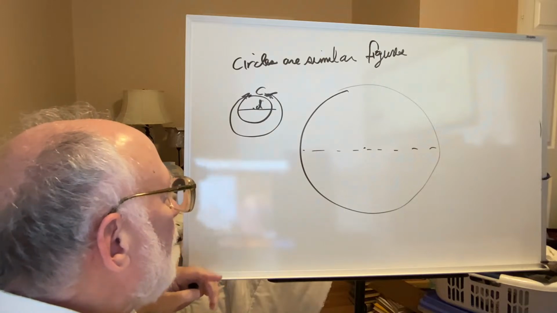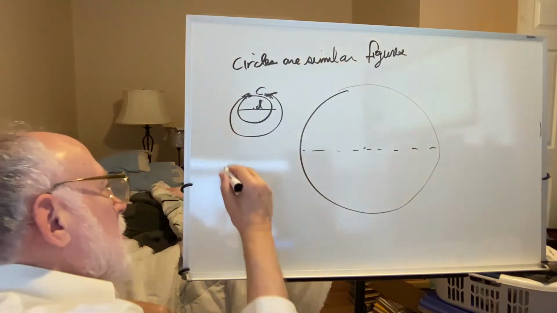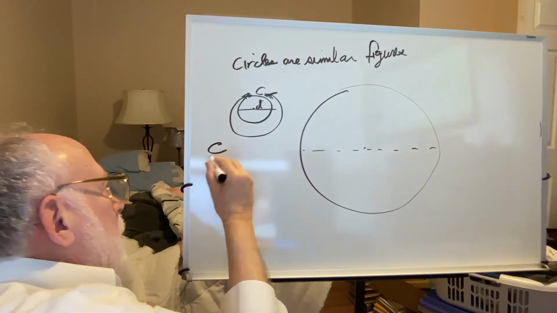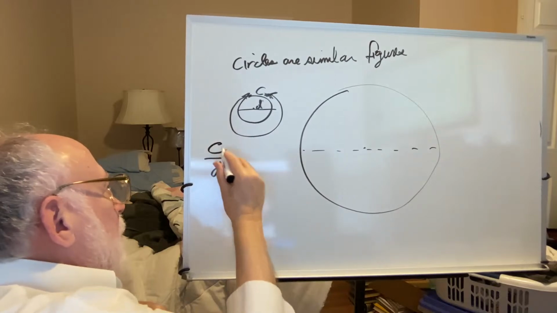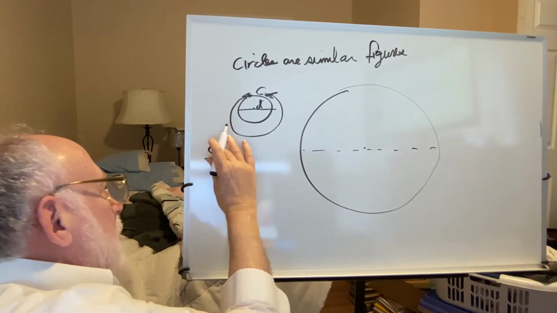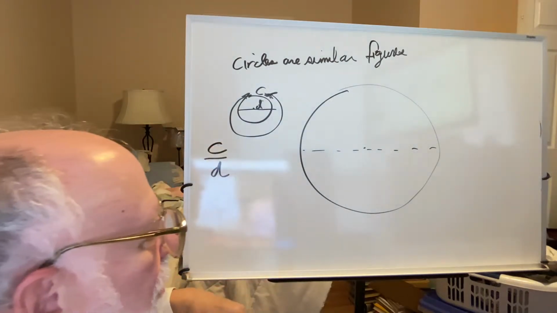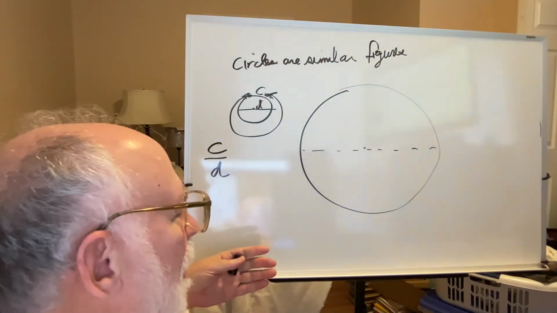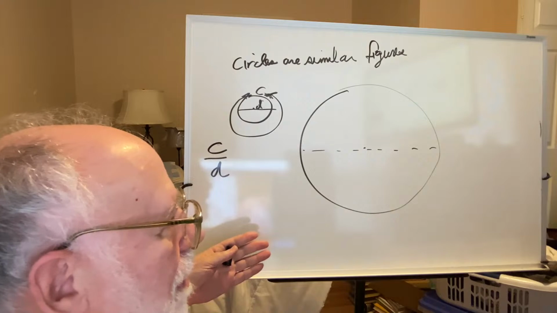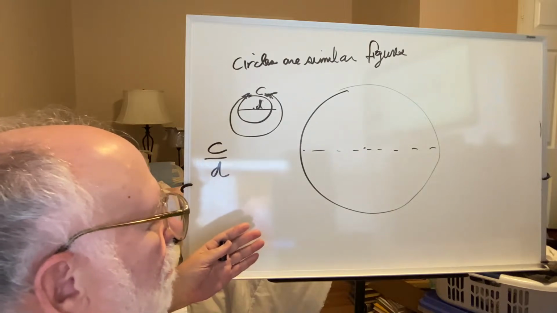Now, the truth of the matter is that the ratio of C over D is the same in both the little circle and the big circle. I'm sure that you don't really doubt that.